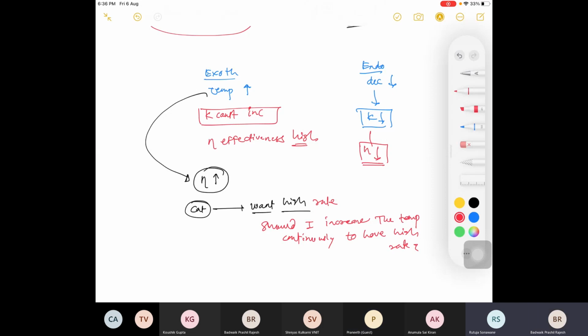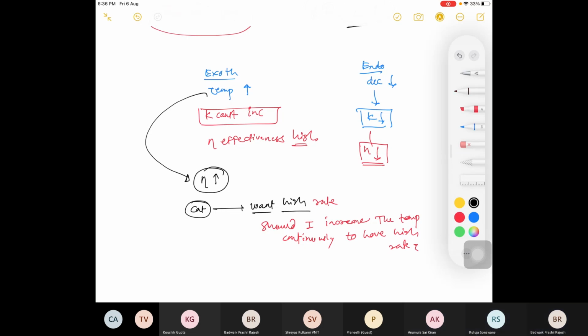Anyone want to tell why there is a limit? Because ultimately my aim is to get more rate of reaction. So if I'm increasing the temperature, I'm getting high rate. Sir, but mass transfer may not be favorable at high temperature. Yes, that may be the case. Any other case?